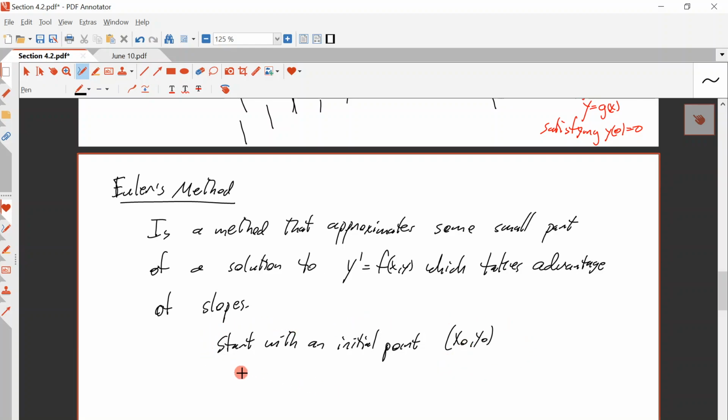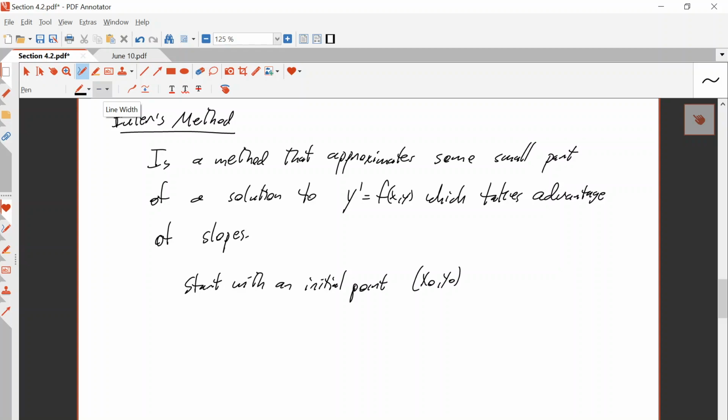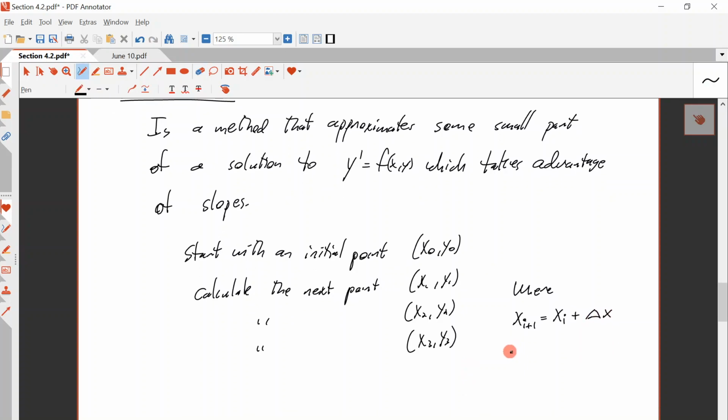And then calculate the next point x1, y1, and then calculate the next point x2, y2, calculate the next point x3, y3, where x(i+1) is equal to xi plus some delta x, where delta x is equal to (b minus a) over n.